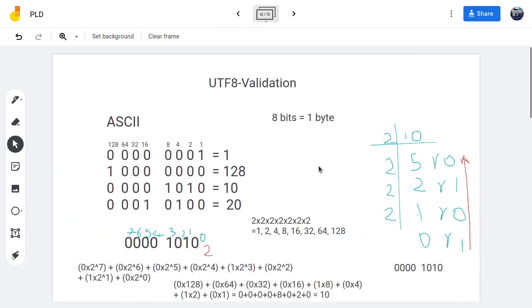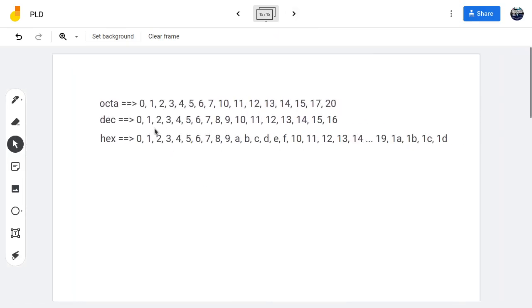Now, having known the easy way to convert from binary to decimal, decimal to binary, and knowing what these significant number bases in programming entail, what they can carry, what they can contain, let's talk about UTF-8 encoding.